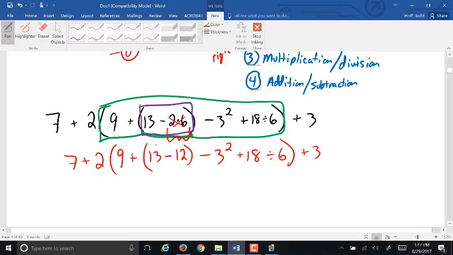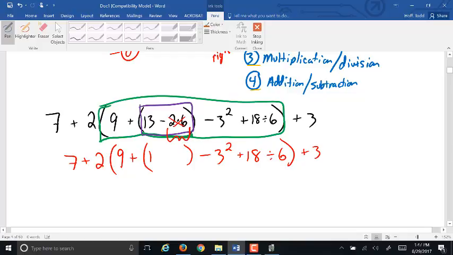So now we're still inside that purple box here, brown box now I guess it is. All that's left is subtraction. So 13 minus 12 is 1. So I replace the 13 minus 12 with 1.